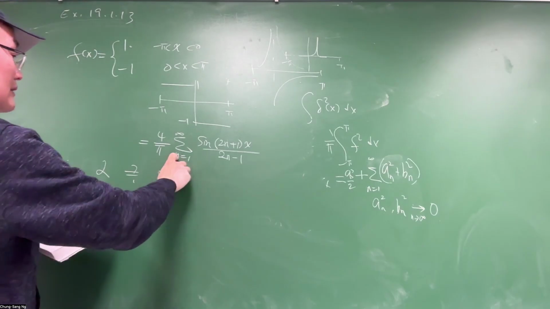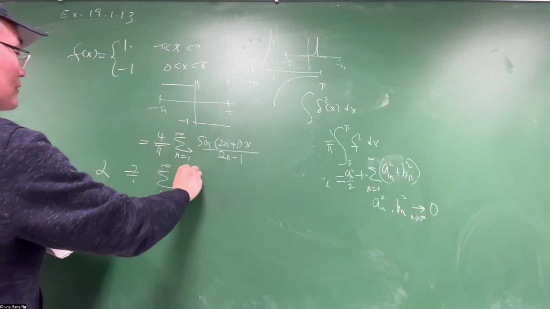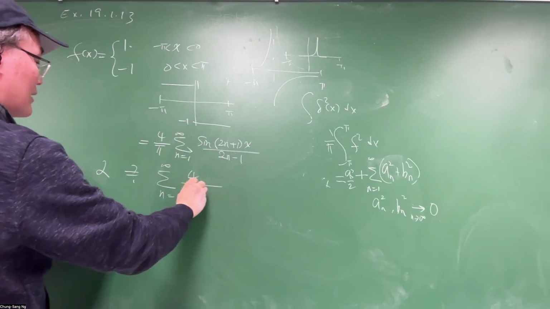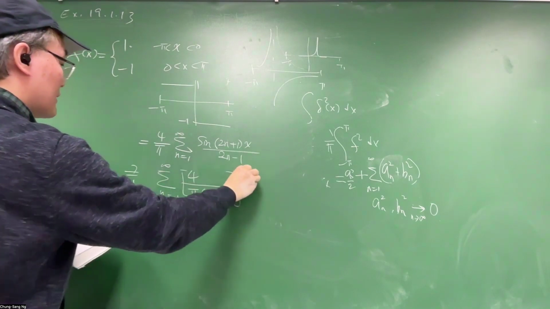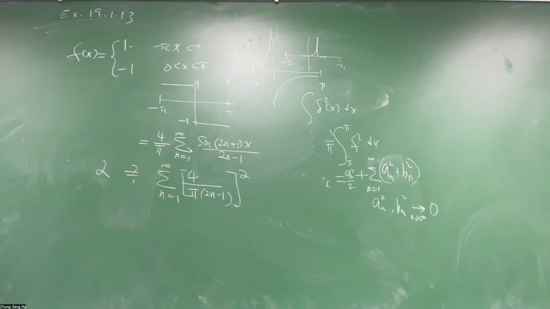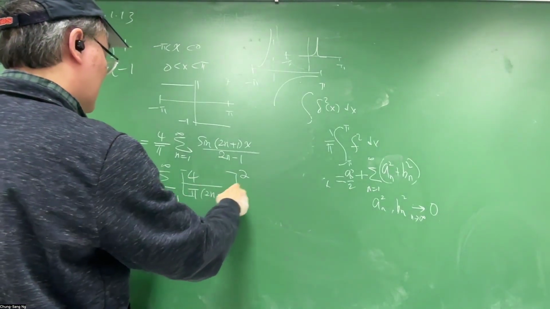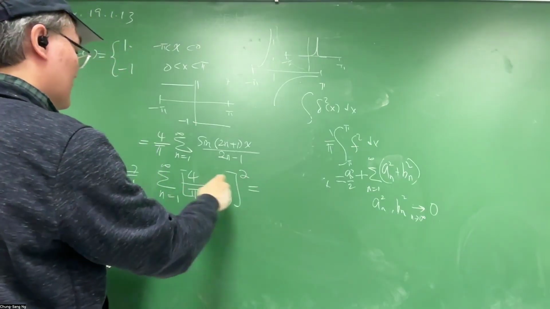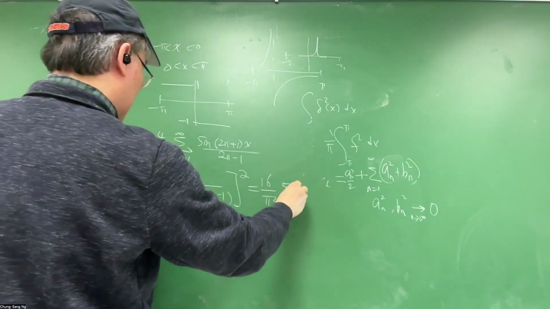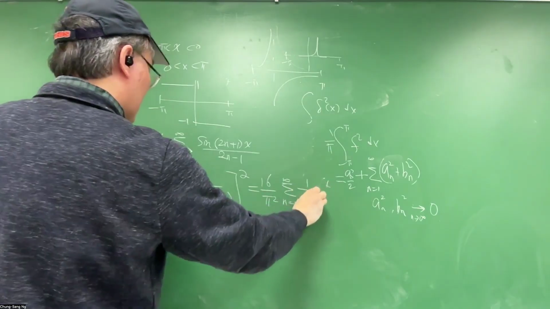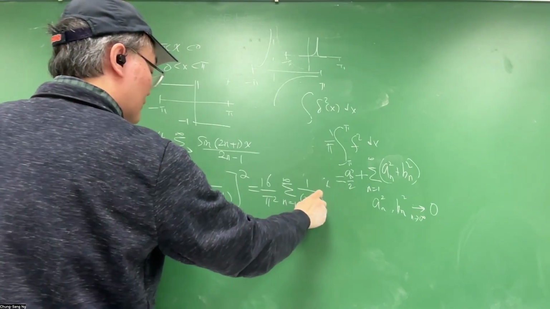So now you have all these 4 minus 3, yeah. And now you need to work that out. 16 pi square sum over all the odd, the square of all the odd integers starting with 1.